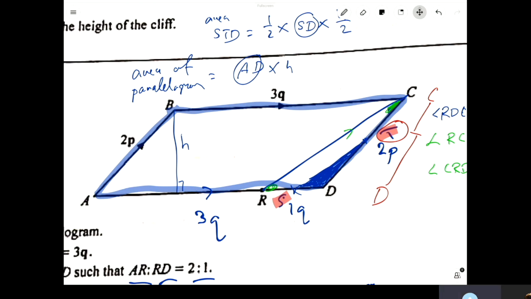What's the ratio? Because RD is 1Q, right? At the bottom, how about half of it?